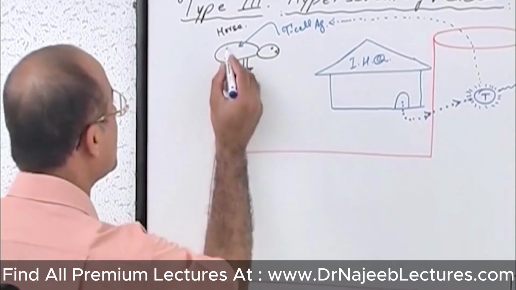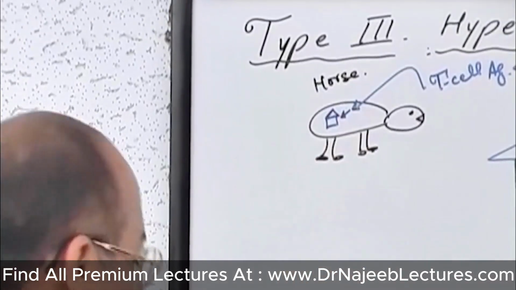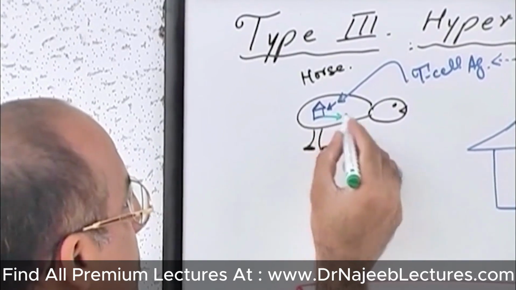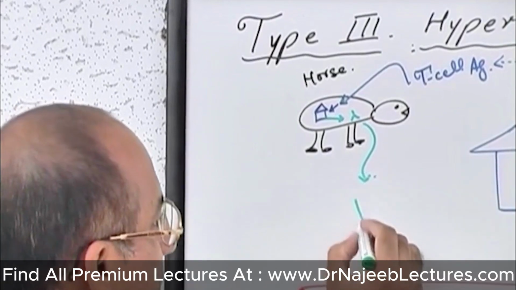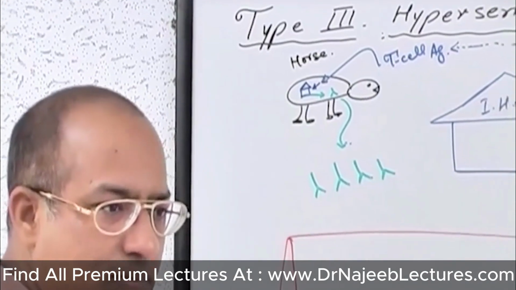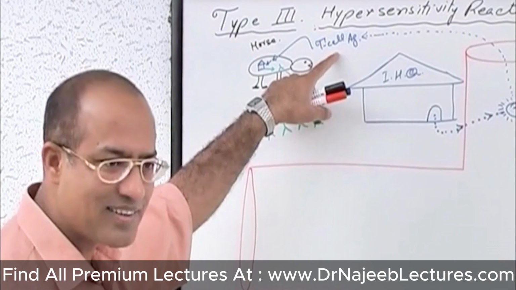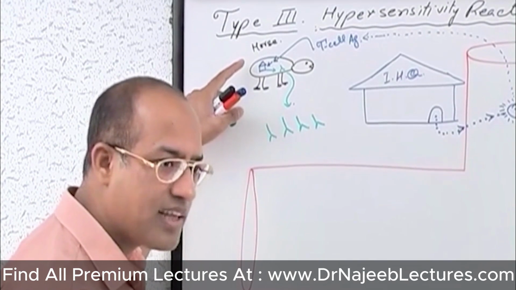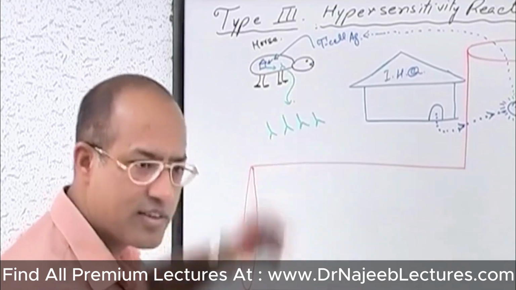Foreign. So the immune system of this animal, when it receives these antigens, will make antibodies. When we bring these antibodies out from the horse, they are against the human T cells. We injected the animal with the T cell antigens, and the animal provided us with antibodies against the T cells.